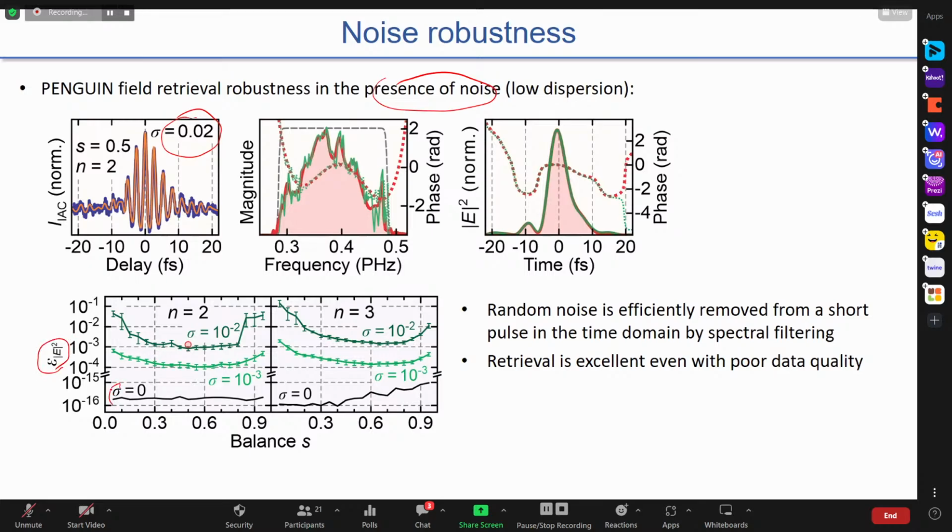When we don't have any noise, the error goes down to 10⁻16. With 1% noise, you can get to 10⁻3. So this value is still not bad, and even a few percent noise is still usable. Yeah, this is fantastic. All right, thank you. Any other question?